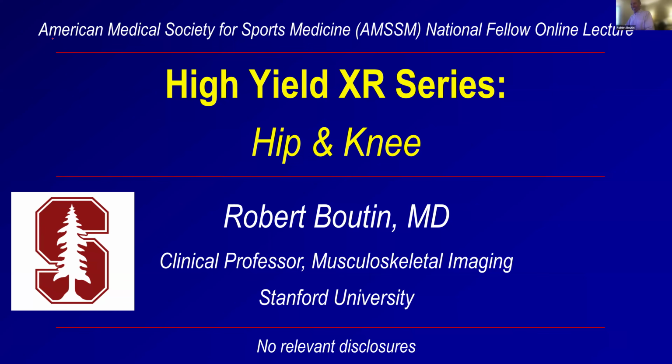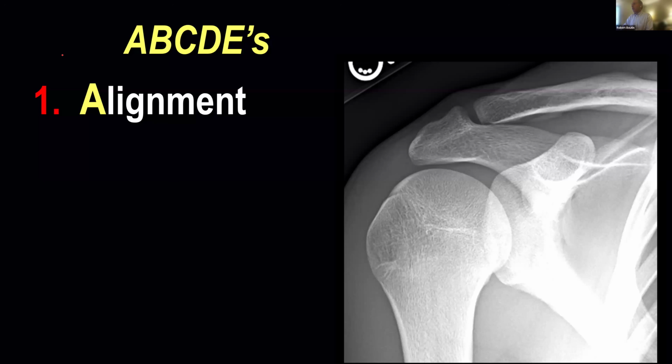Thank you. I'm excited. Last time we talked about shoulder and elbow, and we talked about a systematic approach to evaluating radiographs that really holds for any place in the body.